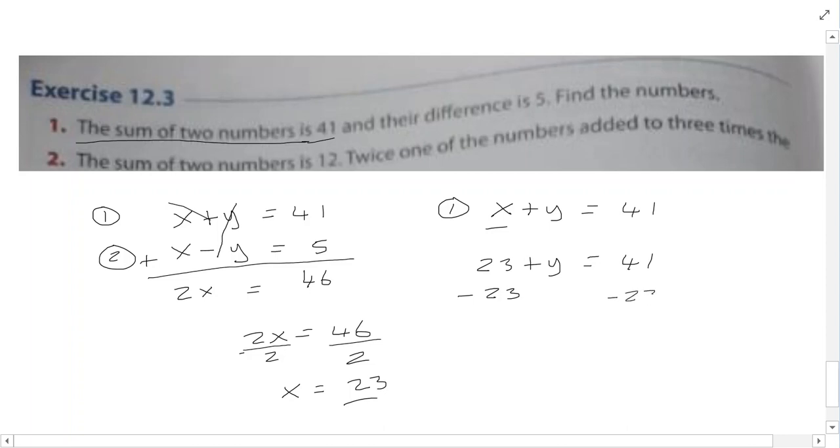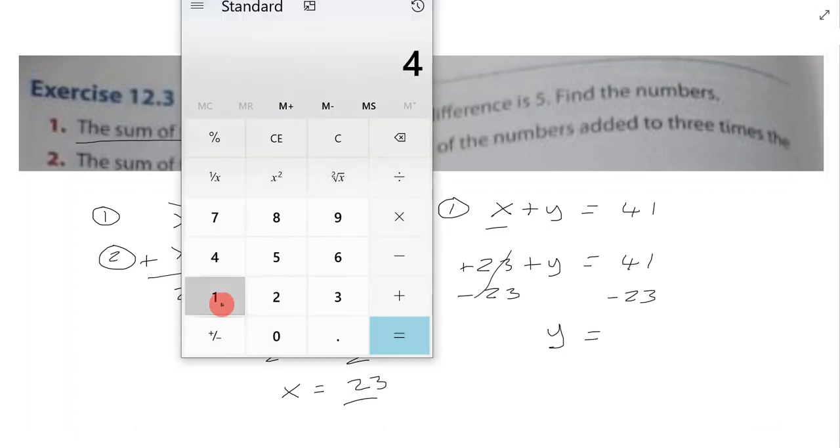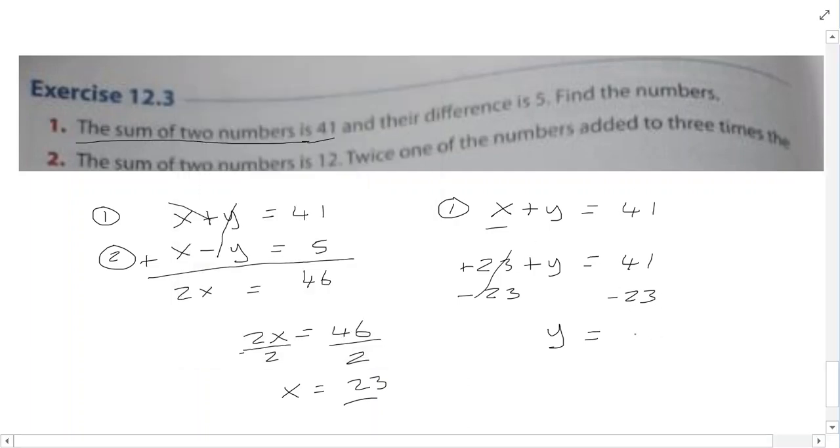So plus 23 and minus 23 will cancel out, and y is equal to 41 minus 23. Using my calculator, 41 minus 23 is equal to 18. So y is equal to 18.